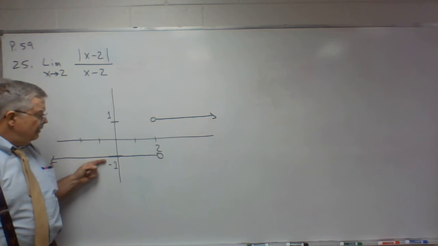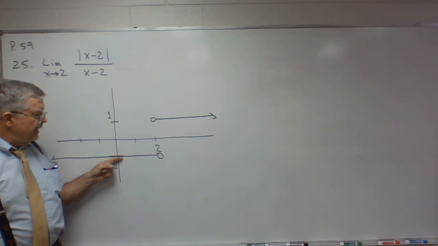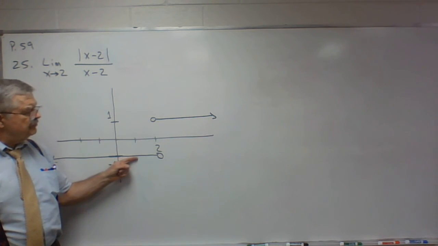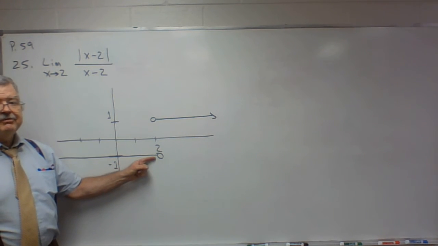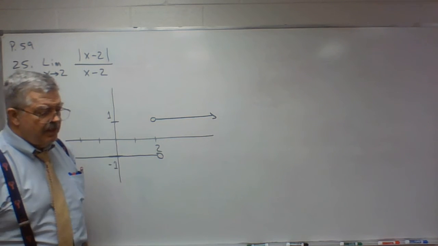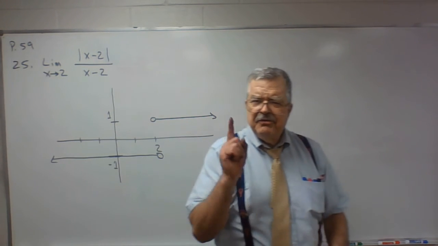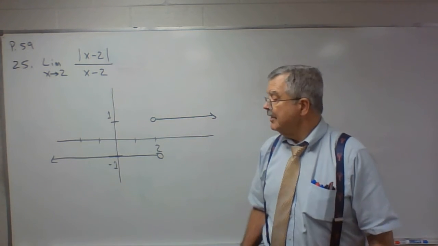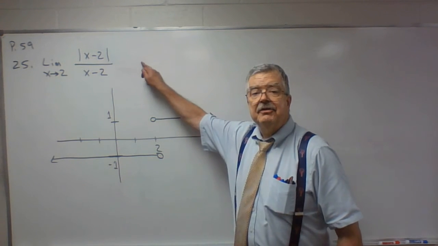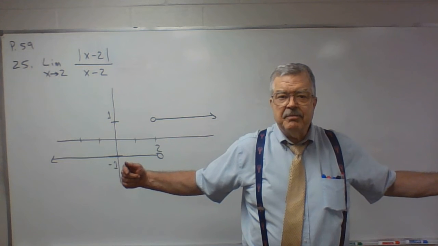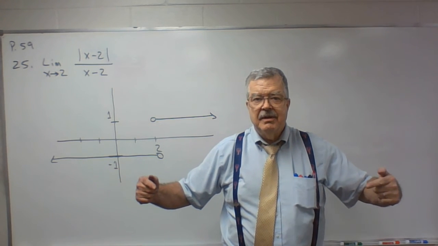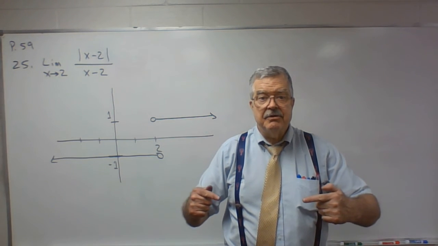As we move along the graph in such a way that we approach x equal 2 from the left, the y value approaches negative 1. So is there any single value that this function gets closer and closer to as x approaches 2 from either direction?